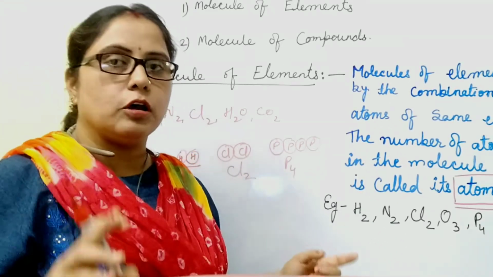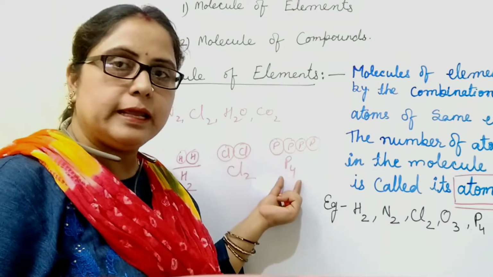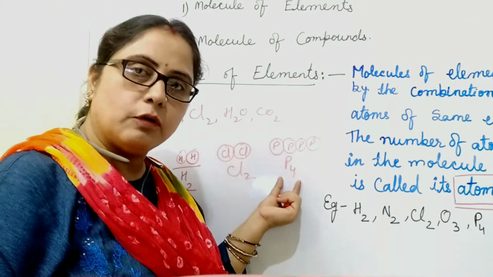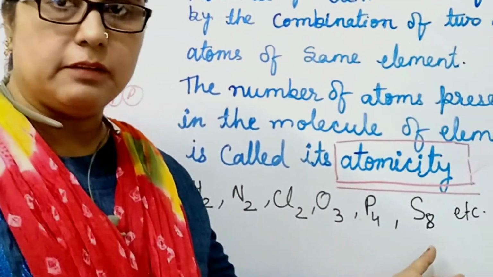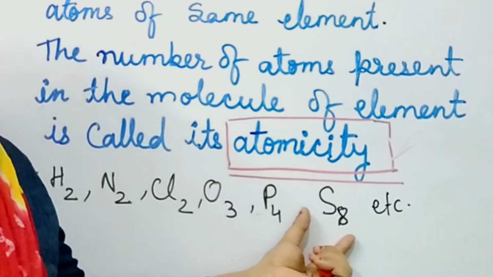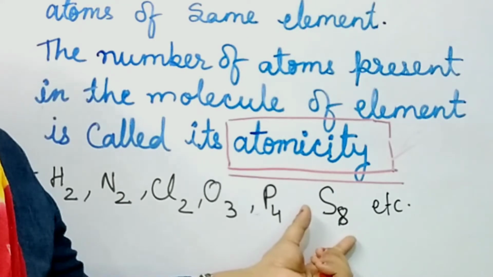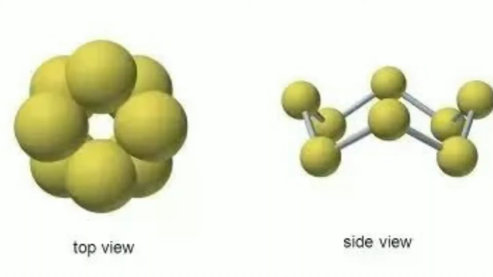How many atoms does one molecule of phosphorus contain? There are 4 atoms in phosphorus. Similarly, one molecule of sulfur contains 8 atoms of sulfur.